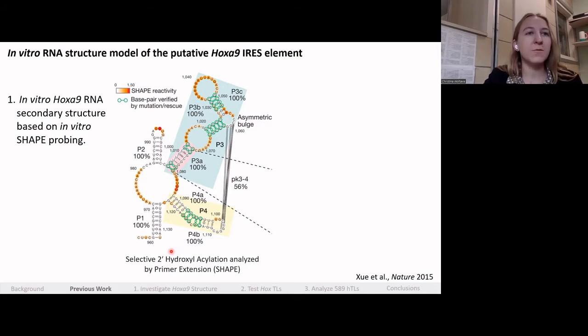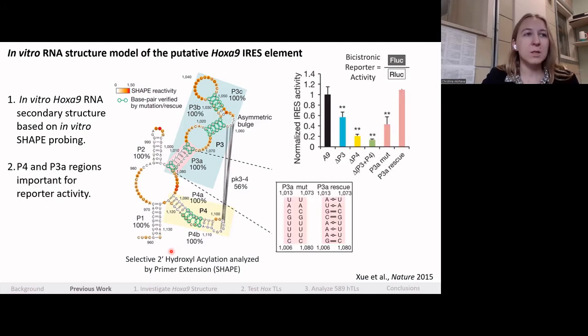They then deleted different parts of this structure to identify the key component of the putative HOXA9 IRES. They did this using bicistronic reporter activities. So in this corner, we see the results from deleting different regions of this structure. So they found that the P3 and P4 domains, or those stem loop structures, have the greatest impact on F-Luc activity.